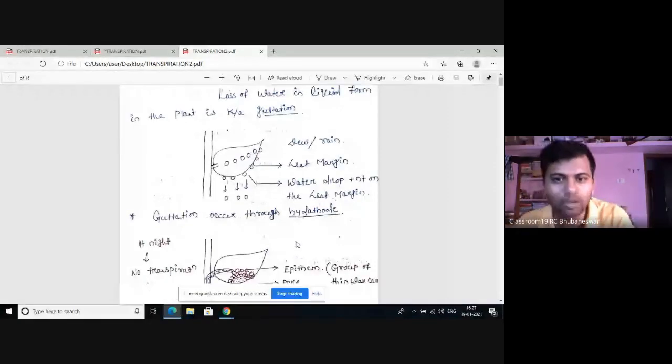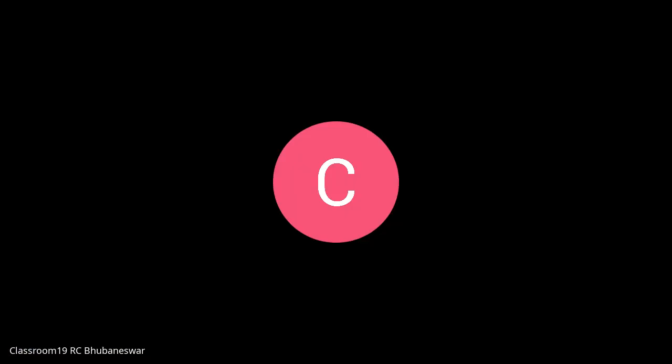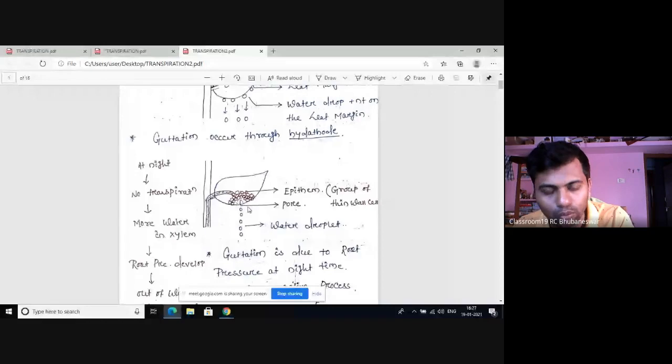Look at now, come here. Guttation is commonly found in which plants? Colocasia, grapevine Vitis, tomato Lycopersicum. In these plants the hydathode has a cavity, and the cavity is open outside by a pore.